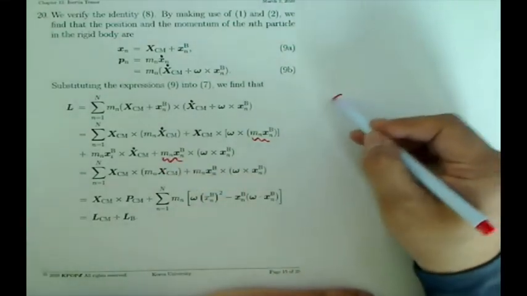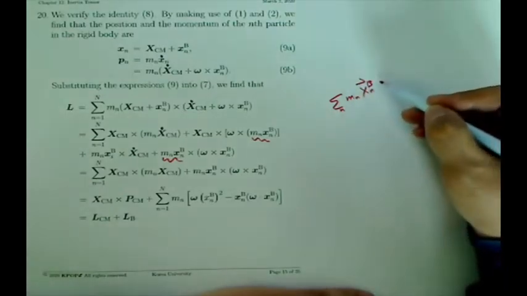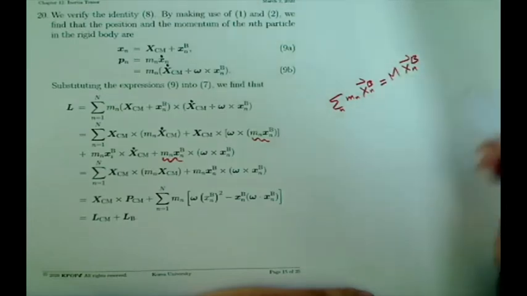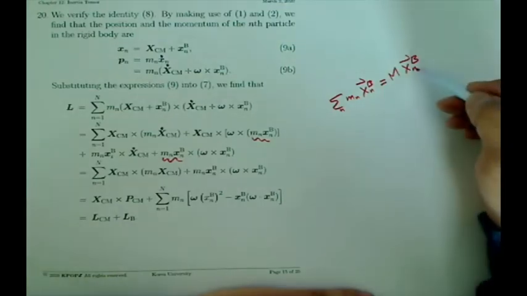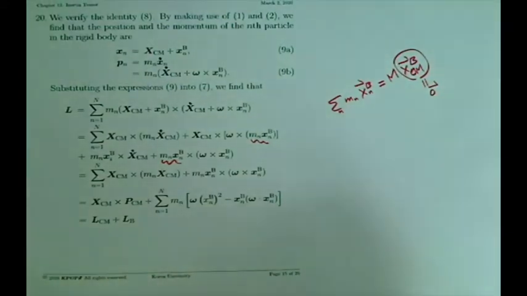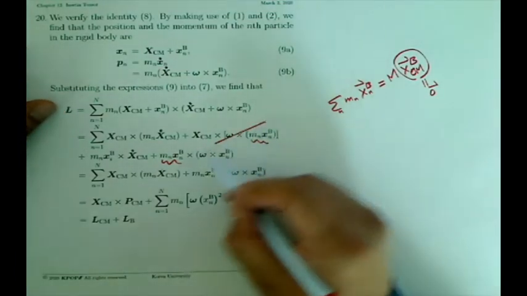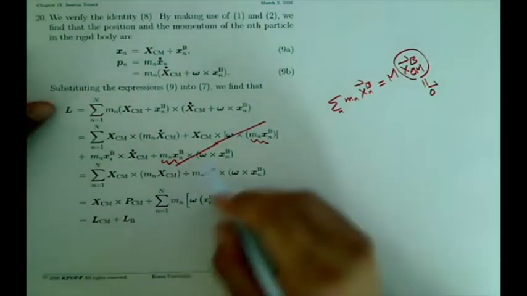These two, summed over n, x_b, this vector, it is just mass times the center of mass position measured in the body coordinate system, and this is exactly 0. Therefore, this contribution vanishes.